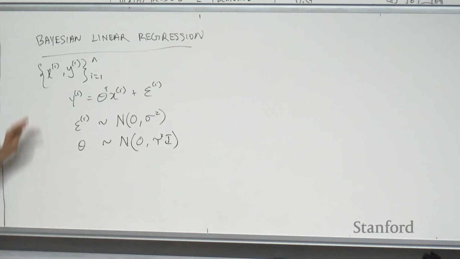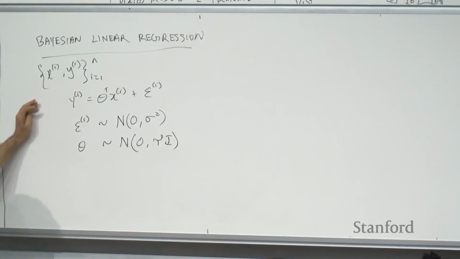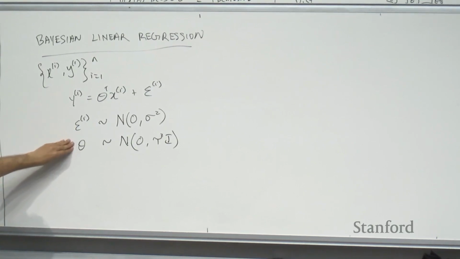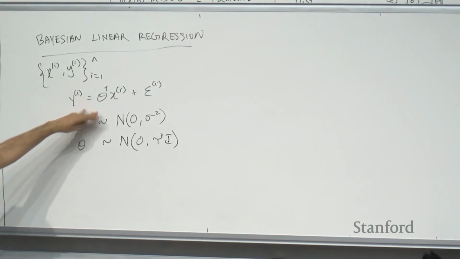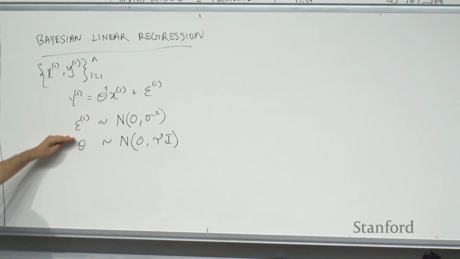So this looks very similar to the standard linear regression setting that we had, except we also apply a prior on theta. This is the only extra line from standard linear regression.